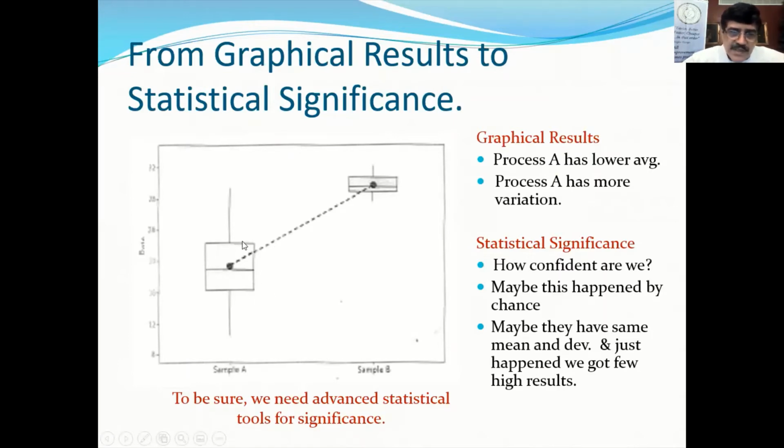See, this is the median, this is the third quartile, this is the first quartile. But if you look at sample A and sample B, you can actually see that this one has a lower average, but it has more variation. Look at the difference between the first quartile and third quartile compared to this one here. So lower average and more variation.